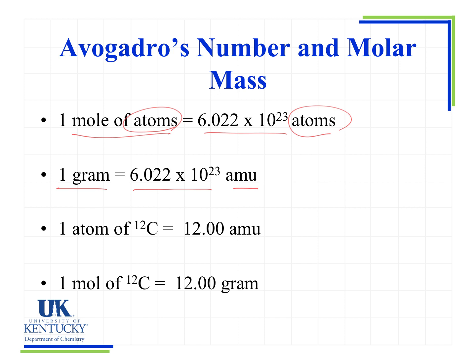That part might be confusing, but that's how it is. 1 atom of carbon 12 is 12 AMU, because that's the definition of AMU. 1 AMU is 1/12 of carbon 12, so 1 carbon 12 atom is 12 AMU, and 1 mole of carbon 12 is 12 grams. So that's the summary of what we just said.